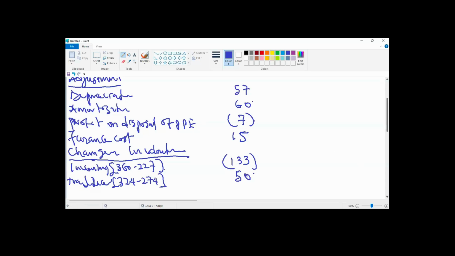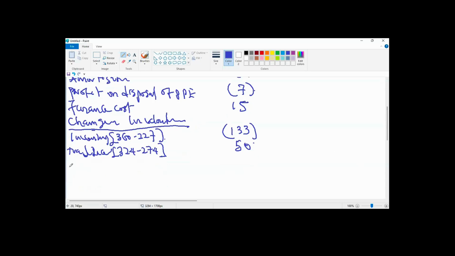Next, trade payable. At the beginning, 352. At the end, 274. That is 78, outflow.